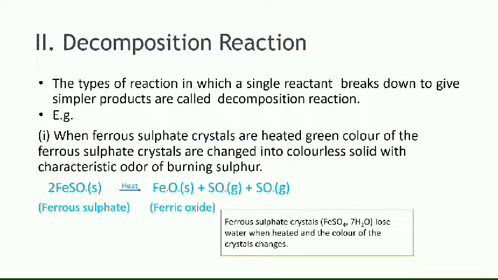These green color crystals change into a colorless solid when heated, and produce the characteristic odor of burning sulfur. In this chemical reaction you can see that the ferrous sulfate, when heated, forms ferric oxide, sulfur dioxide and sulfur trioxide. So these green crystals change into a colorless solid with emission of sulfur dioxide gas, which has the odor of burning sulfur.